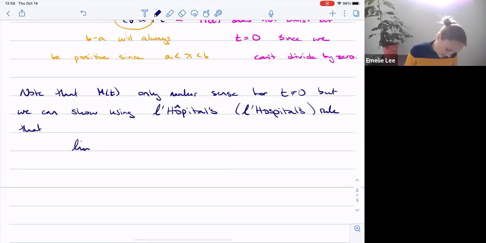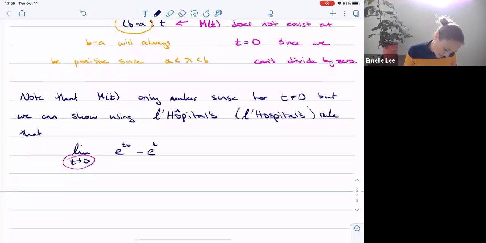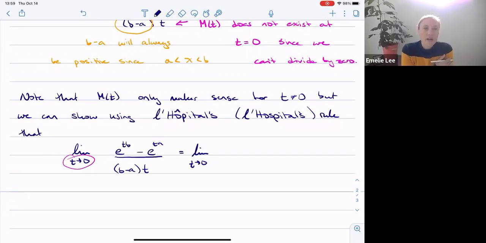That the limit as t goes to 0, right? And here this is from this t can't be 0. So now we take the limit as t goes to 0 of this function, e to the tb minus e to the ta over b minus a times t. I'm running out of room on this page, but I'm going to try to keep it here. Is the limit as t goes to 0 of, what can I do?